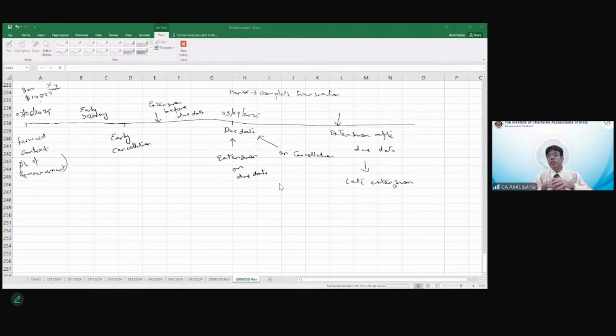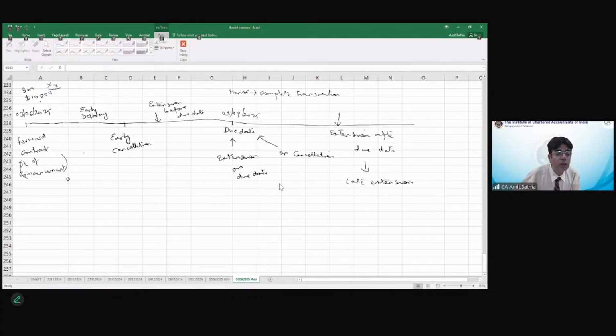You happen to miss the due date and then you reach out to your banker for a request of extension after a due date, that is called as late extension, right? So as a result of this, what are the options which are arising for us?